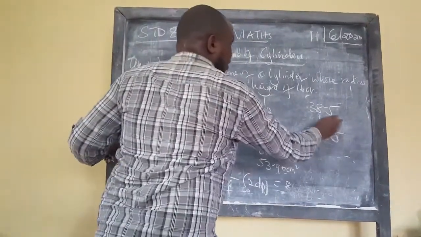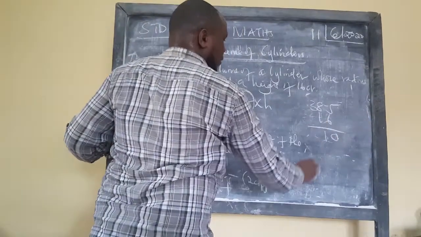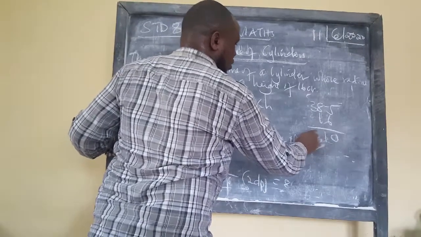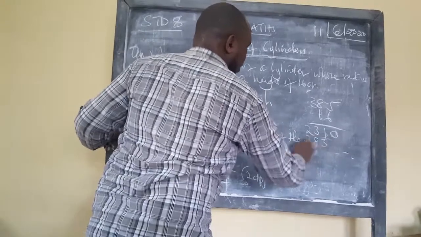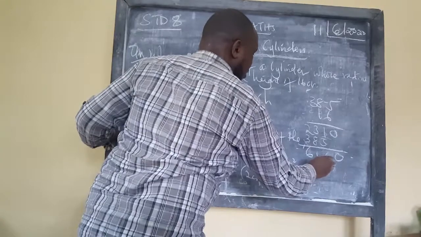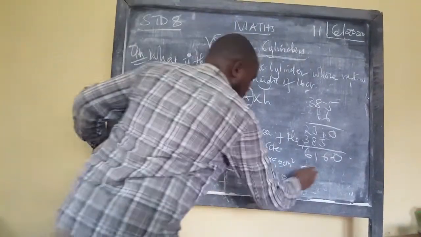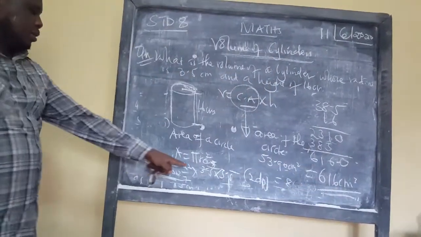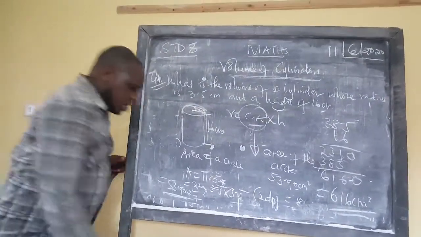So 0, this is 48, 51, carry 5, 18 plus 5, 23, 5, 8, 3, 0, 6, 1, 6. Then 1 decimal place. That's going to give you 616. I'm sorry, this is 616 cubic centimeters. We got confused here. So that is how we get the volume.